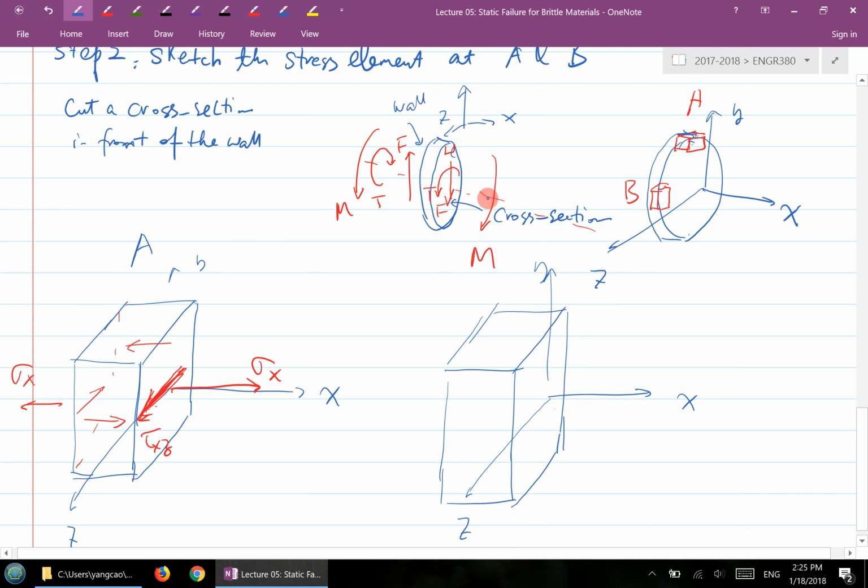No, because it's 0 at the B location, so that's out. And then the shear force F, as we just said, causes maximum shear stress at the B location. So you do have a shear stress pointing down, the same direction as F. Let's call it tau xy1, because we'll have two shear stresses. This one is caused by the F.